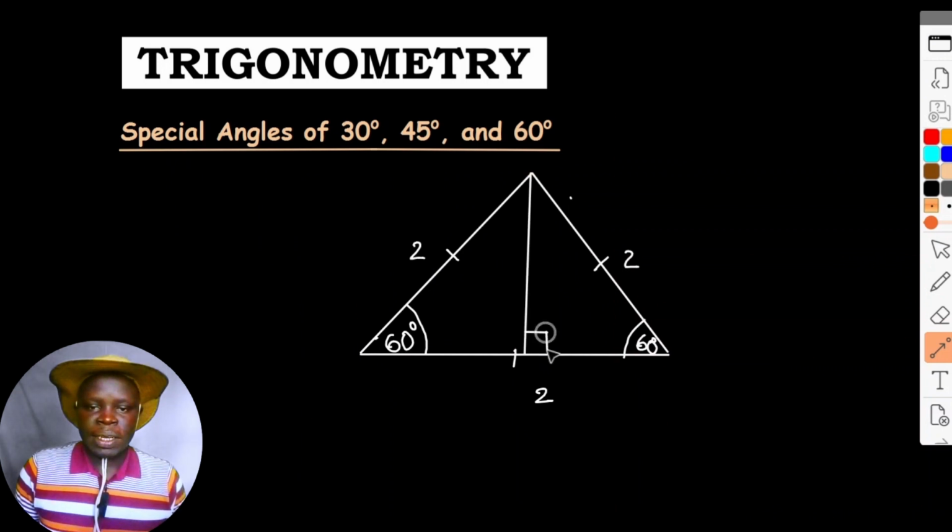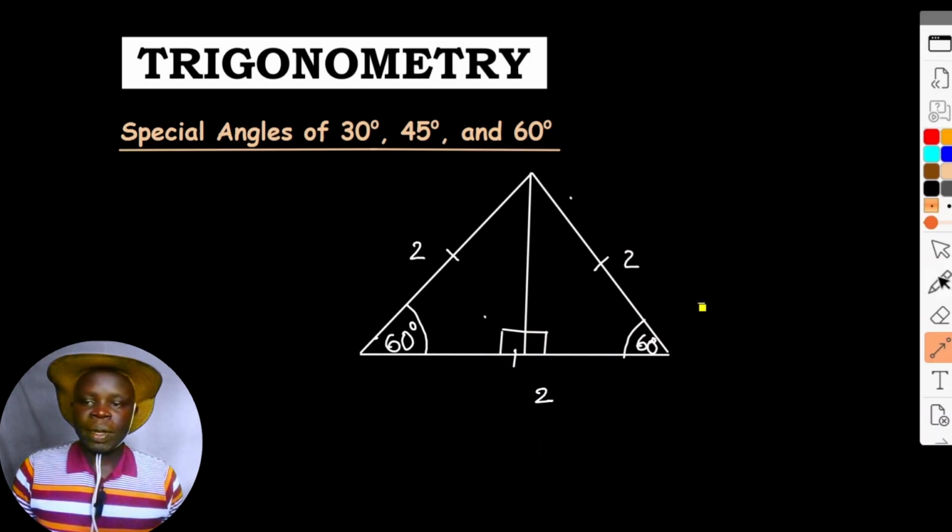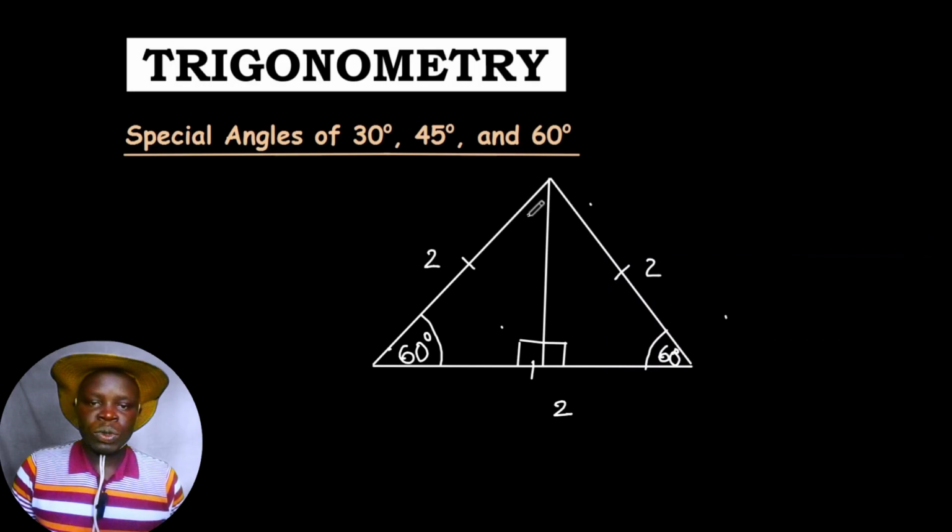If this is 90 degrees, then also this one will be 90 degrees. This particular bisector divides the angle into two, therefore we have here 30 degrees, and on this side also 30 degrees.